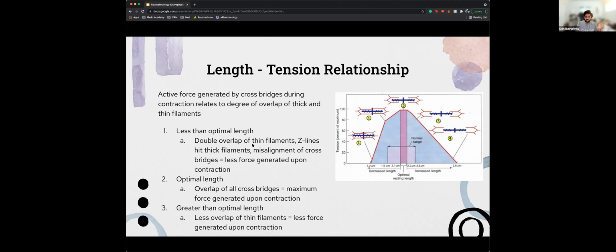I've tried to match up the numbers pretty well. So with one, this area here, we have a less than optimal length. You can know about the thin filaments and the overlaps, but the way I remember it is you have less force generated upon contraction. It's very hard to bring that up.